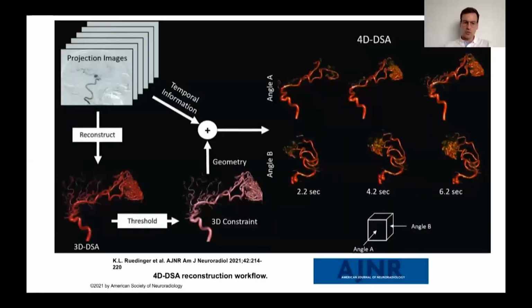Just the workflow for the 4D DSA, and you can see here the reconstruction, the threshold, the geometry, and after you are able to display any volumes at any time for any projection.